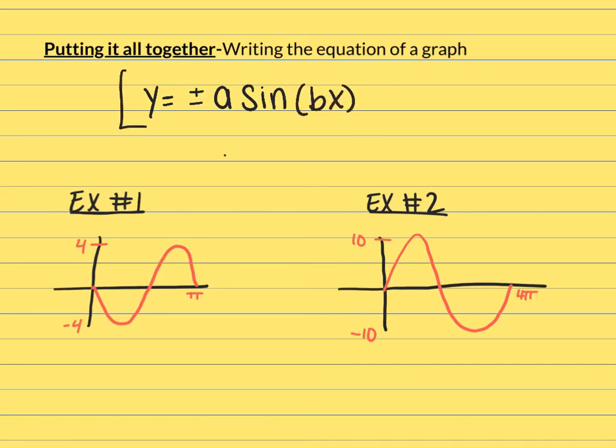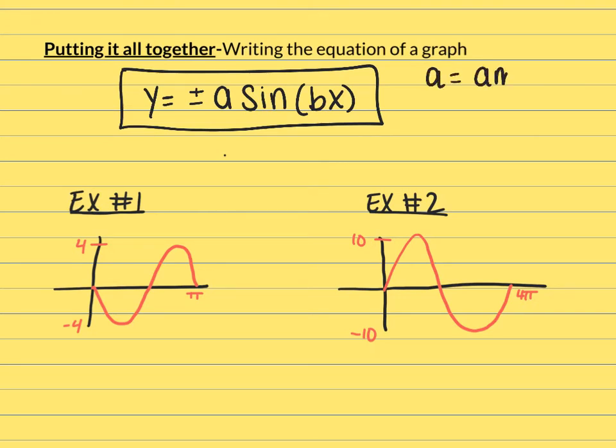And this is the form that all equations need to be in. So we need to define what a is and what b is. So a, I'm sure you can figure, is your amplitude. And b is your number of cycles that you see between 0 and 2 pi.